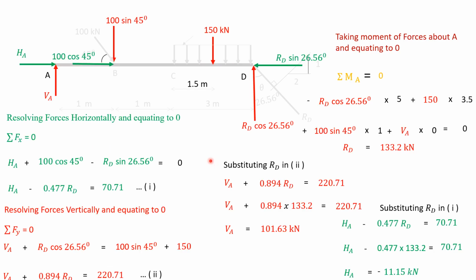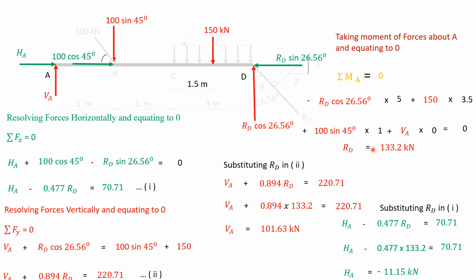We have resolved forces horizontally, and we got equation in HA and RD. We set it as 1. We resolved forces vertically and equated to 0, and we get equation in VA and RD, say it as equation 2, and we have taken moment of all forces about point A, and we got RD value.